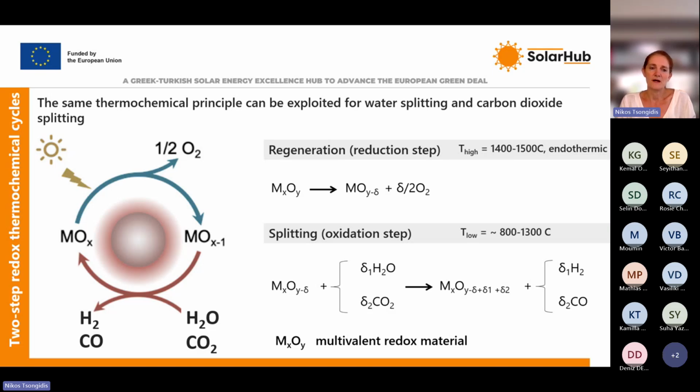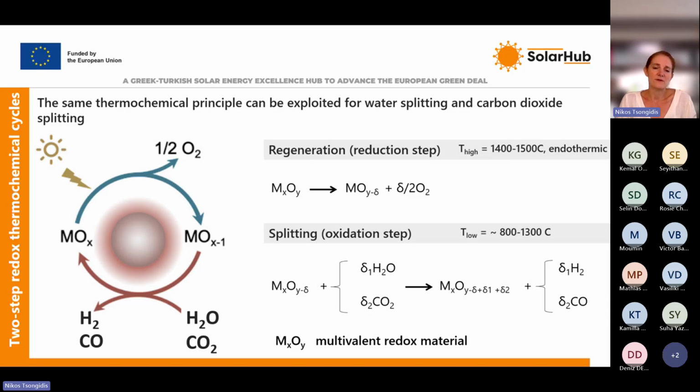And actually, they consist of two different steps that are performed in two different temperature regions. In the first step, we have the reduction step of a multivalent metal oxide, where the oxygen of the metal oxide is released, leaving the metal oxide in a reduced state with oxygen vacancies formed in its lattice.